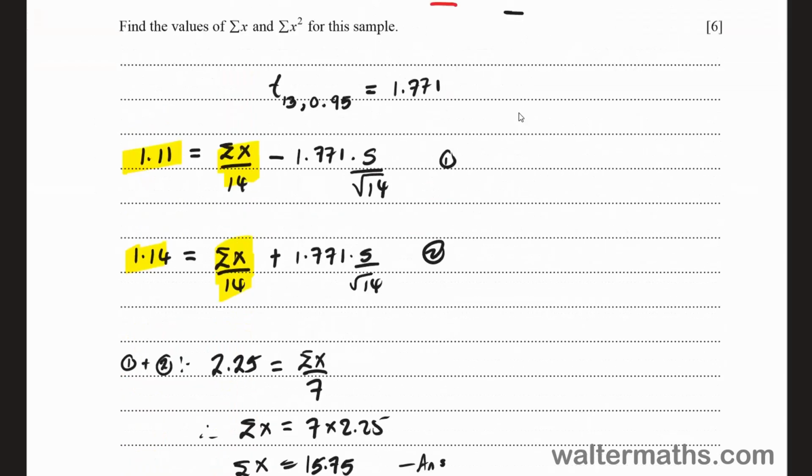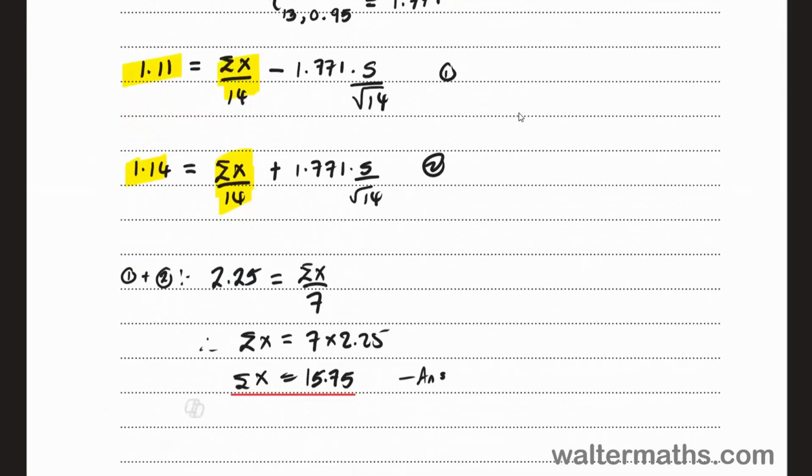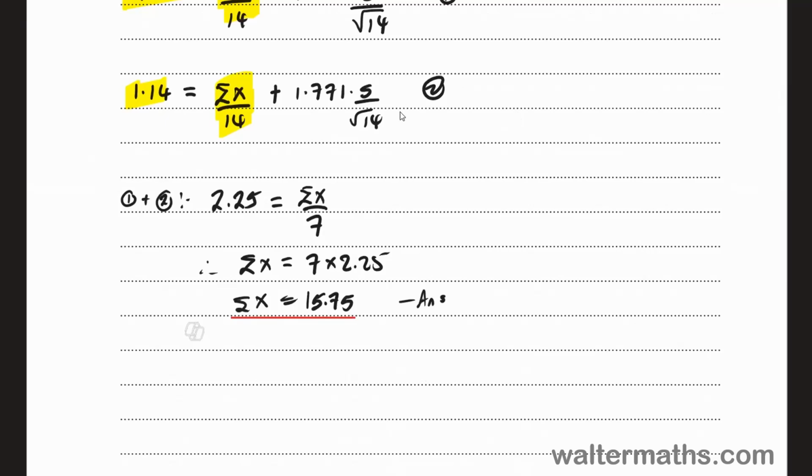Next is finding the sum of squares of x, right? So we are going to take any one of the equations, right? I will take equation 2, okay? So we have equation 2 here, and it's 1.14 being equal to the sum of x over 14. The sum of x, we've now found it to be 15.75 over 14 plus 1.771 of s over root 14.